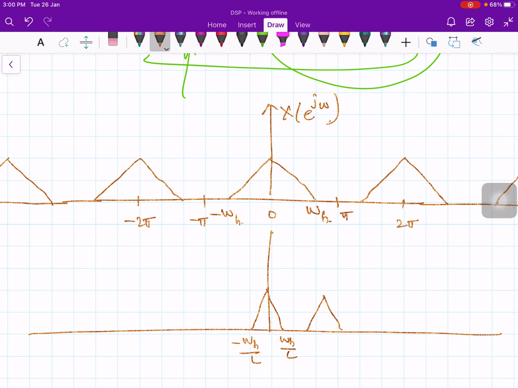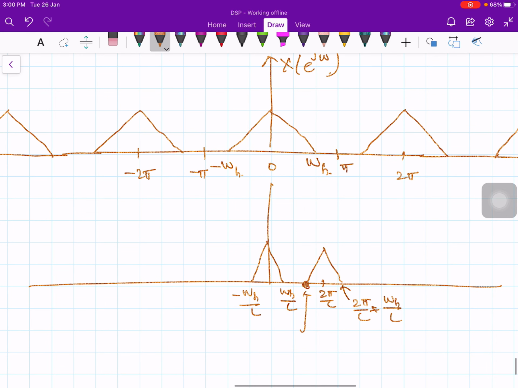This point is 2 pi by L, and this point is 2 pi by L plus omega h by L, and this point is 2 pi by L minus omega h by L. You see, the shape does not change, except that the end points will be omega h by L and minus omega h by L. The next one will occur at 2 pi by L. So this point is going to be 2 pi by L plus omega h by L, and this point is going to be 2 pi by L minus omega h by L, and so on and so forth. So the spectrum is compressed here.